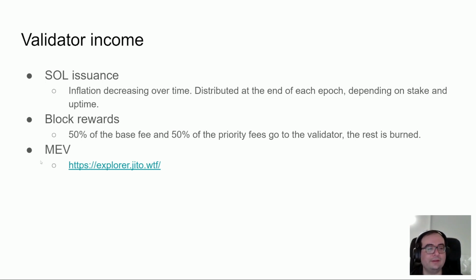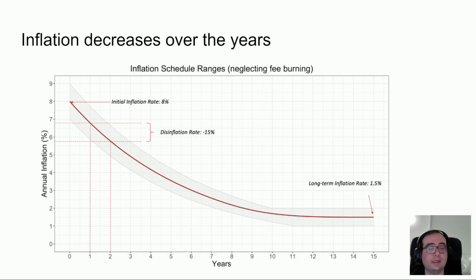And the last source of income would be MEV. You have a nice dashboard here that you can check to see what kind of income is obtained through the Jito client. This is the schedule on inflation I was talking about.